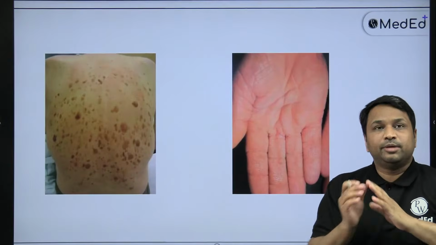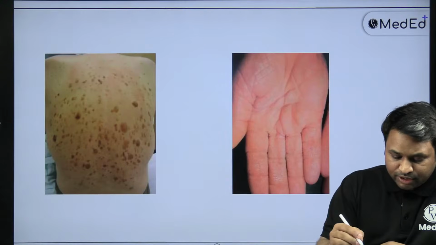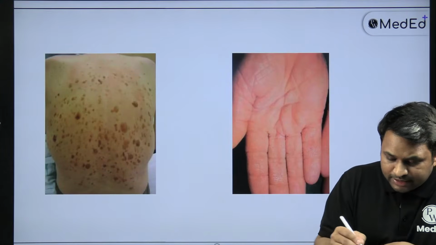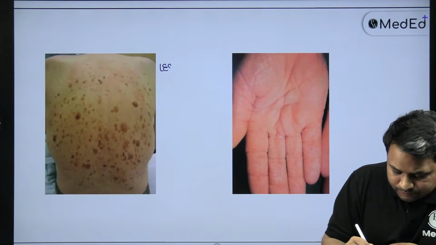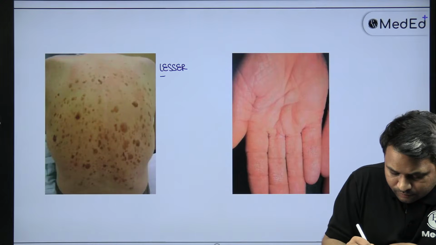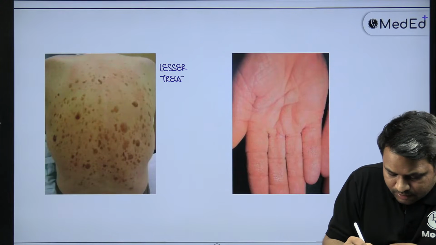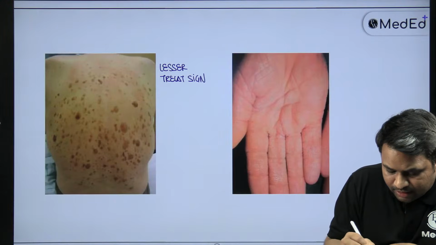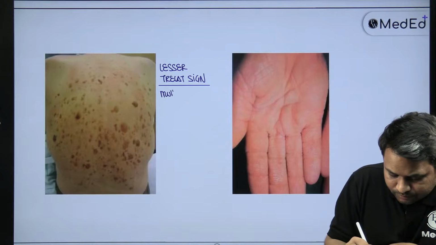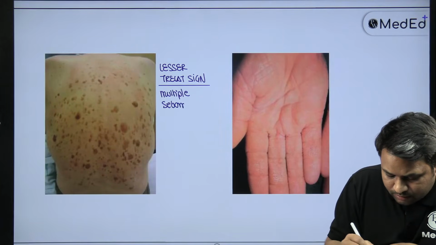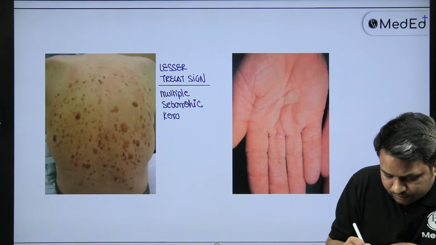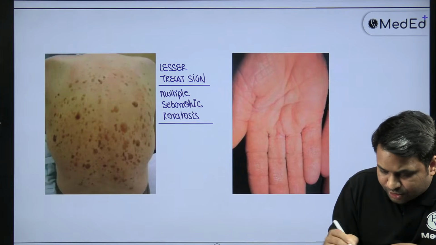Now, two atypical findings that you can see as skin lesions. Number one is what we call the Leser-Trélat sign, which is multiple seborrheic keratosis. And this is your tripe palm sign.